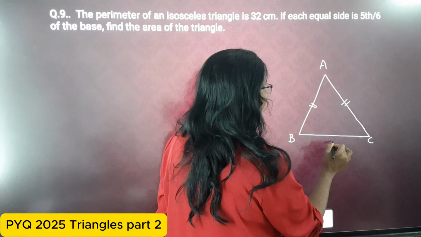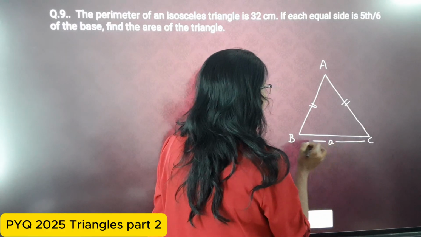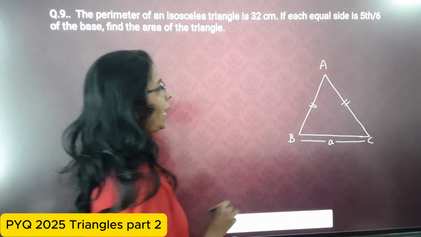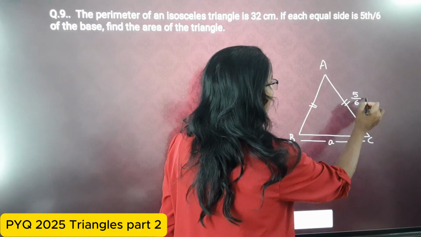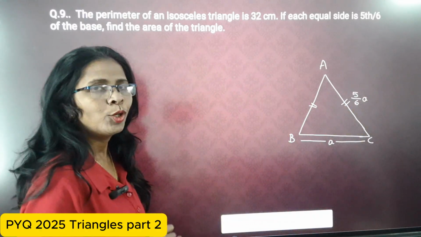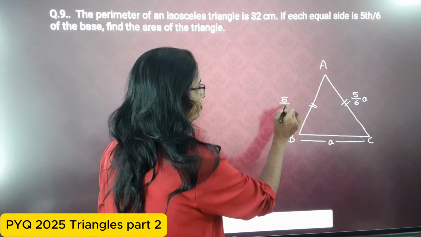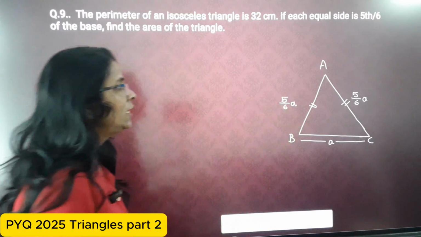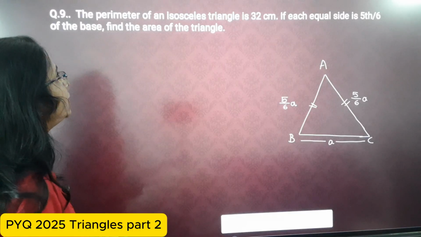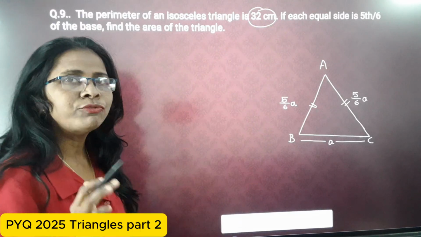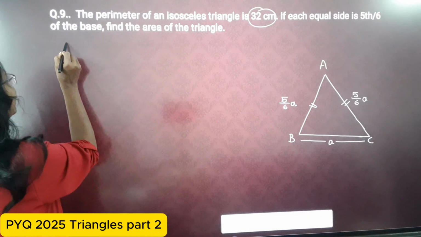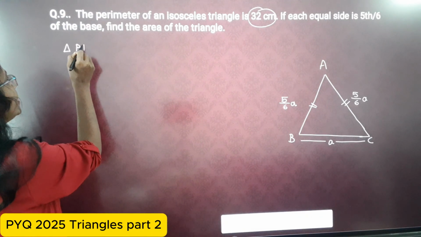So I consider this base as a, then automatically AB and AC, that is the equal sides, will be 5/6 of a. Okay, here also 5/6 of a. Okay, now here it is given that the perimeter is 32 centimeter students. So first we find out the sides of the triangle ABC.